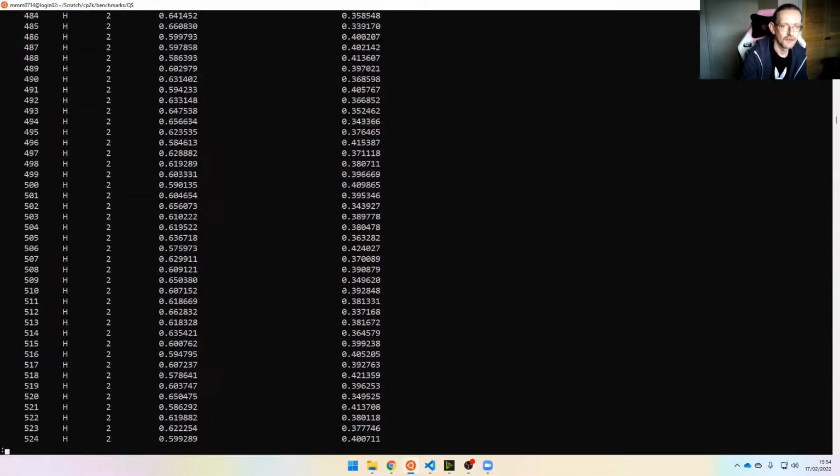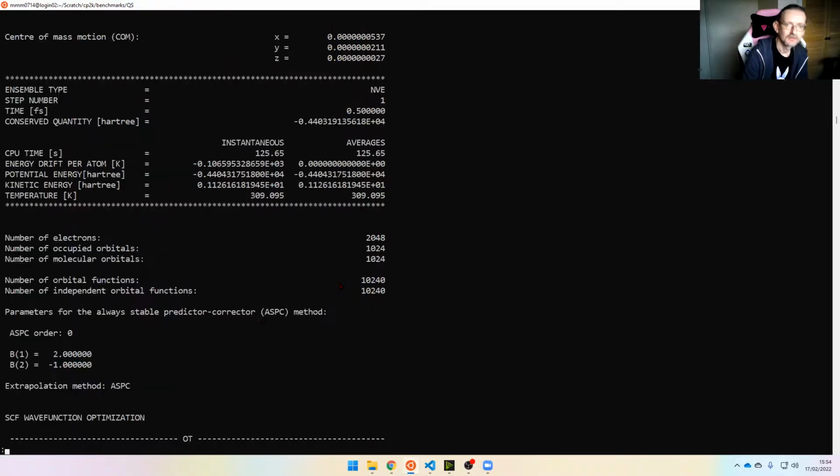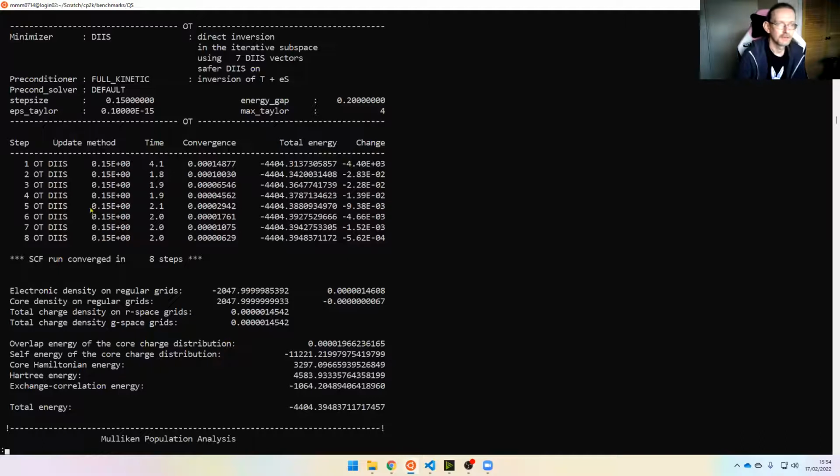This is a benchmarking file rather than representative. You should be getting down to convergence in a few SCF cycles. It's not using a particularly good preconditioner.